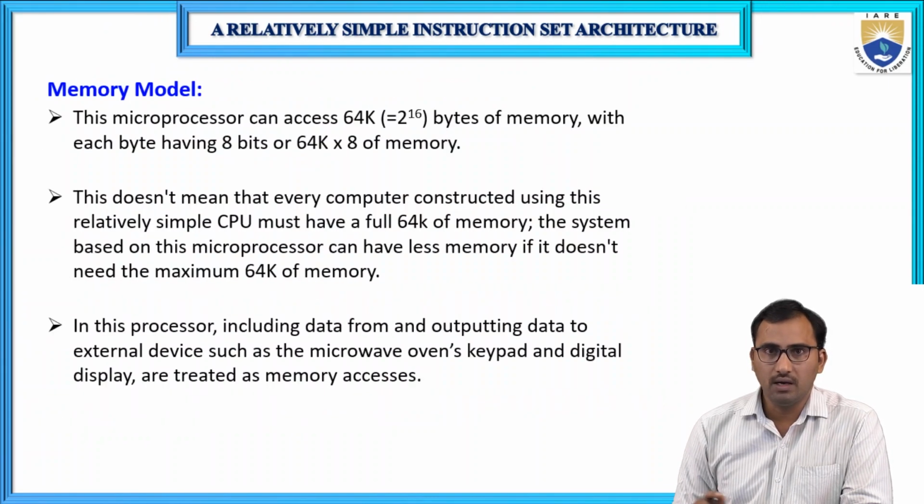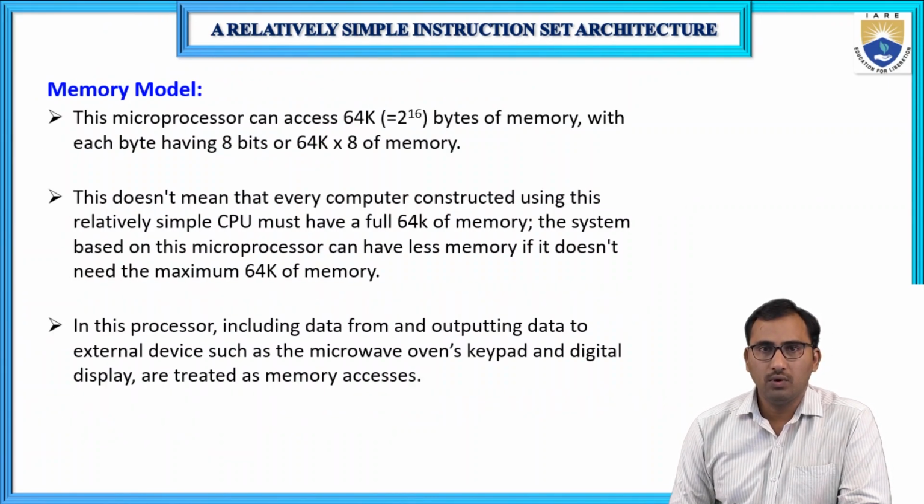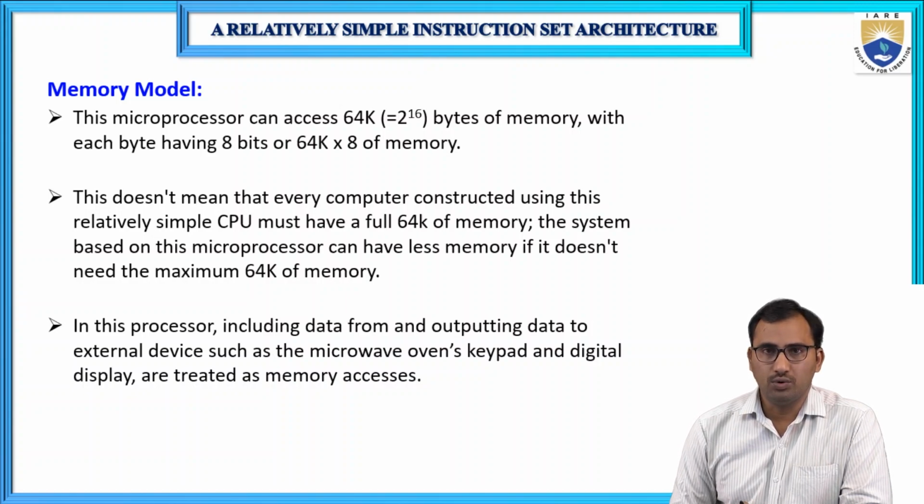So let's start with the memory model. For every processor, memory is an important resource, because using the memory we can store programs and the data related to the programs that can be run by the processor.